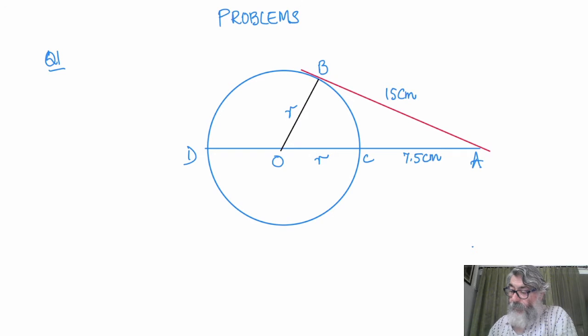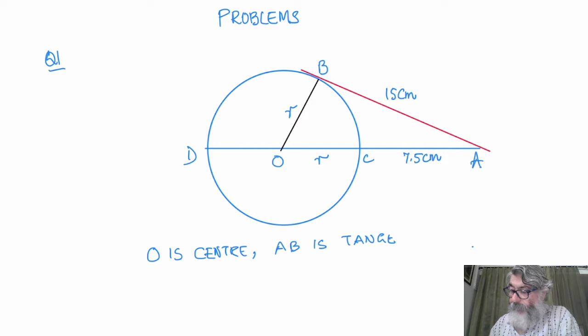What has been given is that AB is 15 centimeter, AC is 7.5 centimeter. Find the radius.